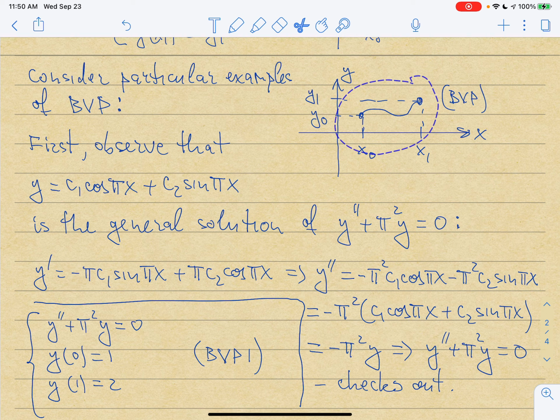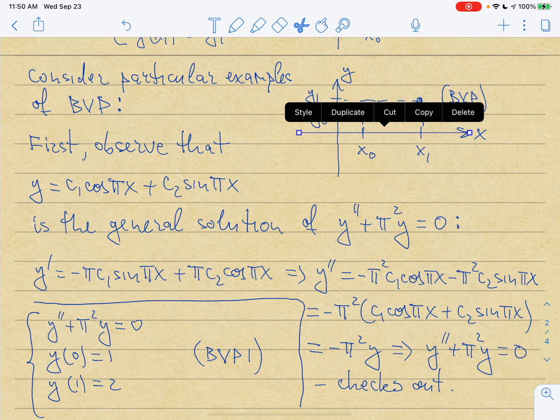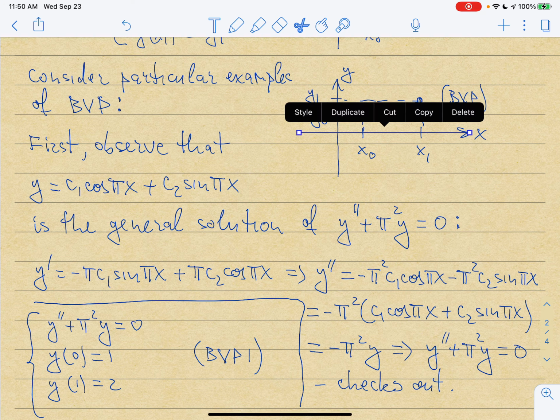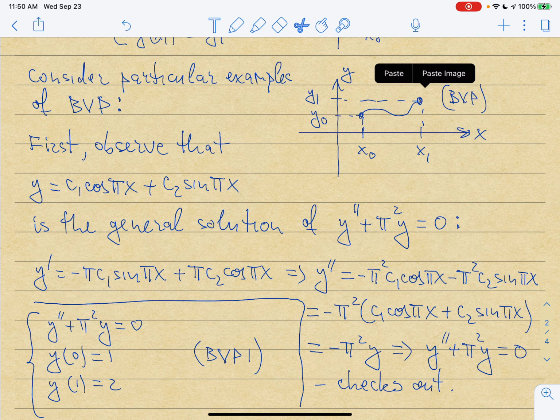Well, if I start sending solutions from this point at different angles, in principle, I am not guaranteed that any of those solutions will end up going through this point. Maybe they're all going to go to plus infinity or minus infinity, but they're never going to pass through this second point.